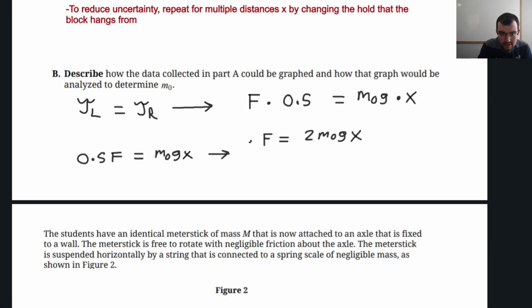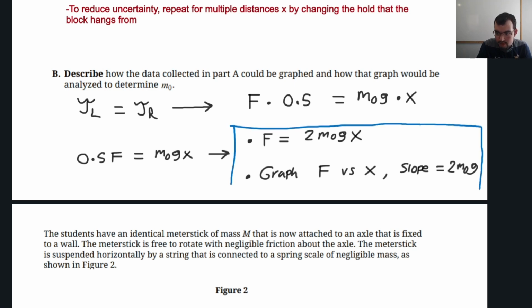So we could just say our graphing technique is pretty simple. You just graph f versus x, and then the slope is 2m0g. So there's your analysis. Pretty straightforward.